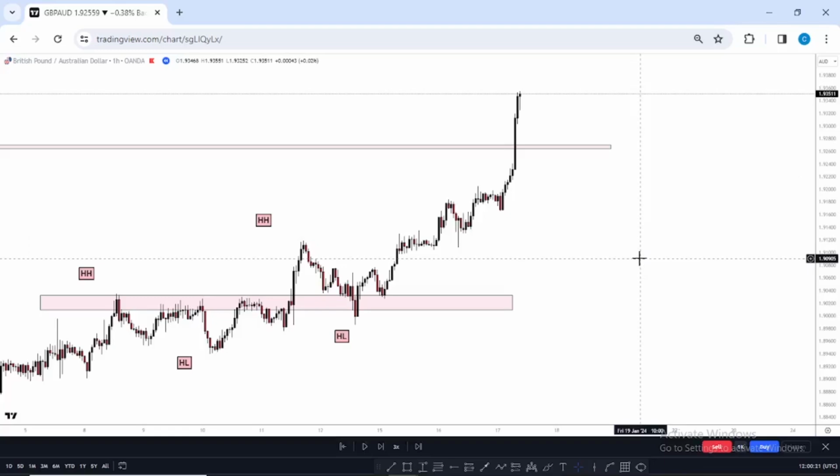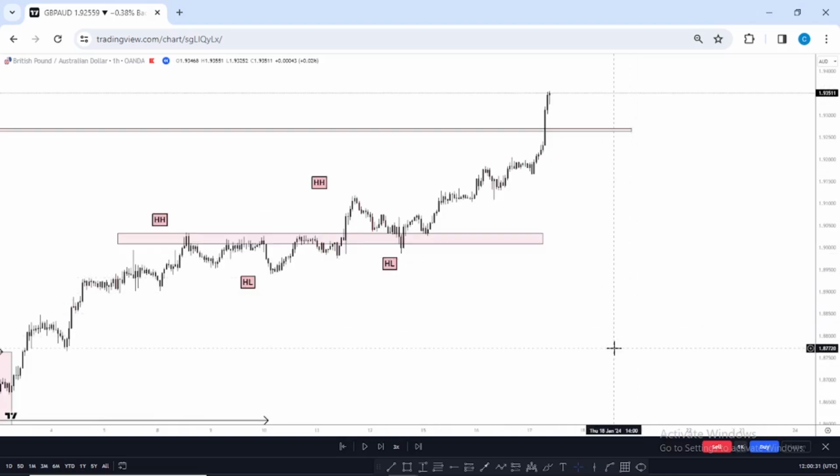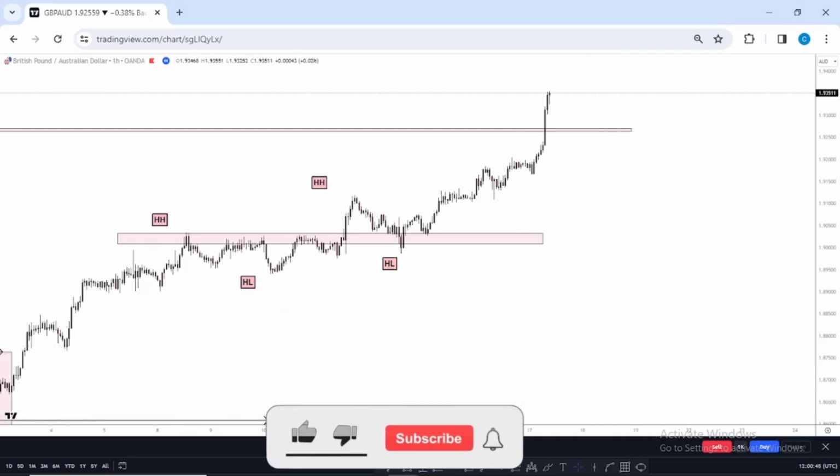Alright, so coming down to our H1 time frame, this one I need you all to pay maximum attention. The first thing we did was to make sure that our H1 market structure is also the same as our 4H market structure. Remember, the 4H market structure was giving us what? Bullish market structure. So we make sure the H1 market structure was also giving us bullish market structure.